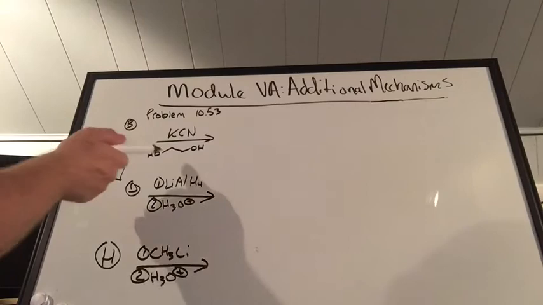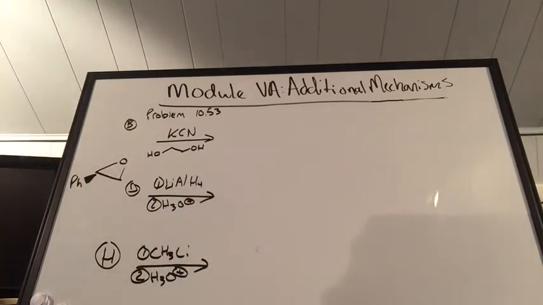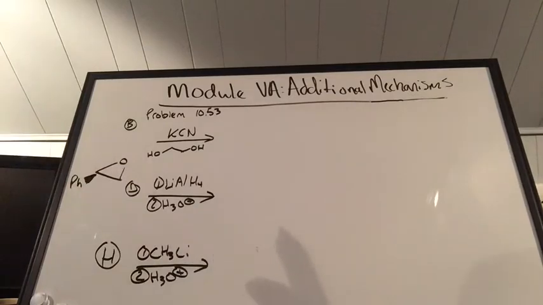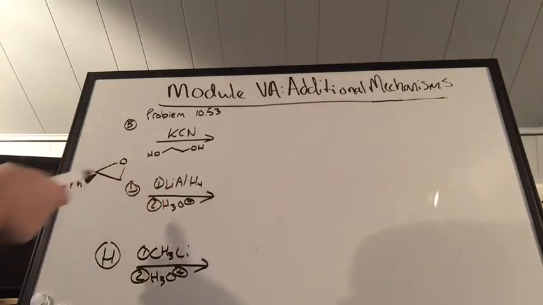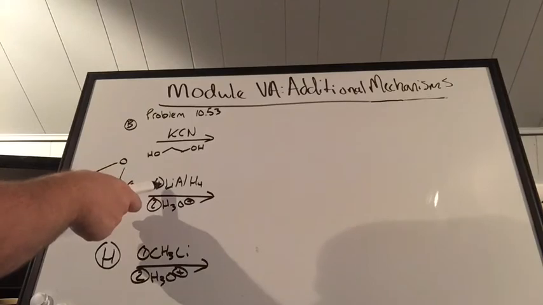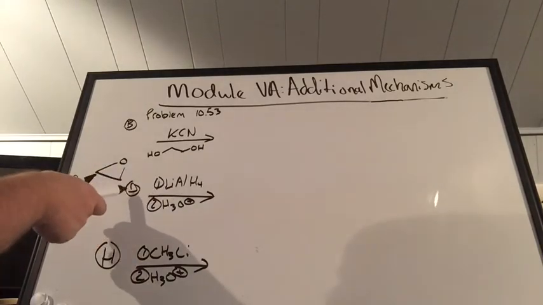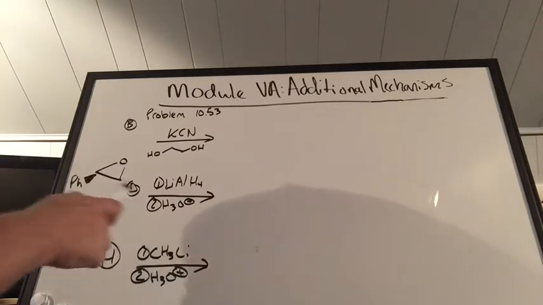So this is typically what's used in antifreeze to depress the freezing point of water, right, or your coolant. And then you have lithium aluminum hydride for the second particular reaction. This is going to be example D.